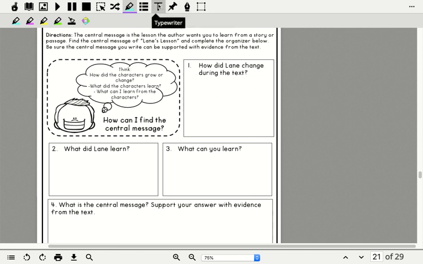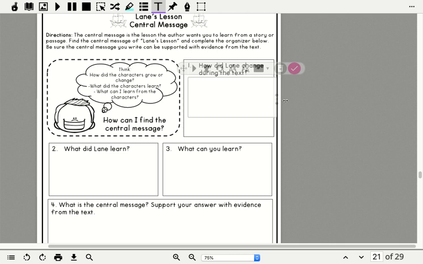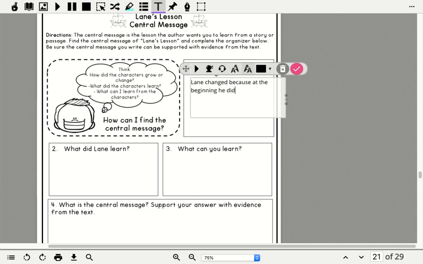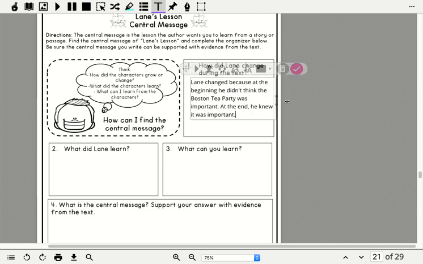How did Lane change during the text? Lane changed because at the beginning, he didn't think the Boston Tea Party was important. At the end, he knew it was important. So that's how Lane changed.